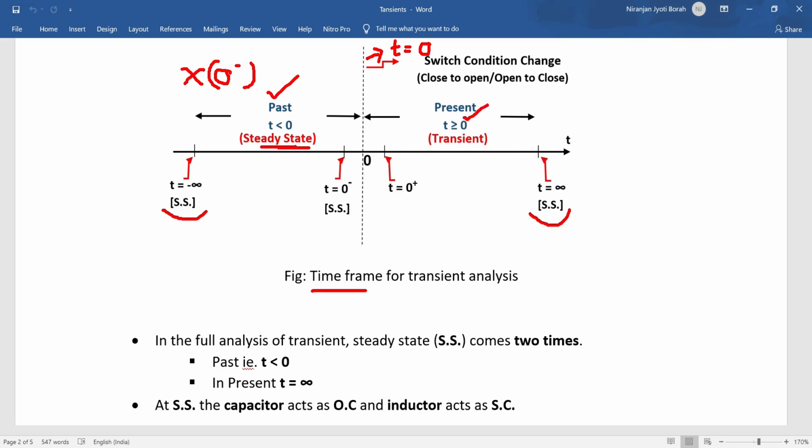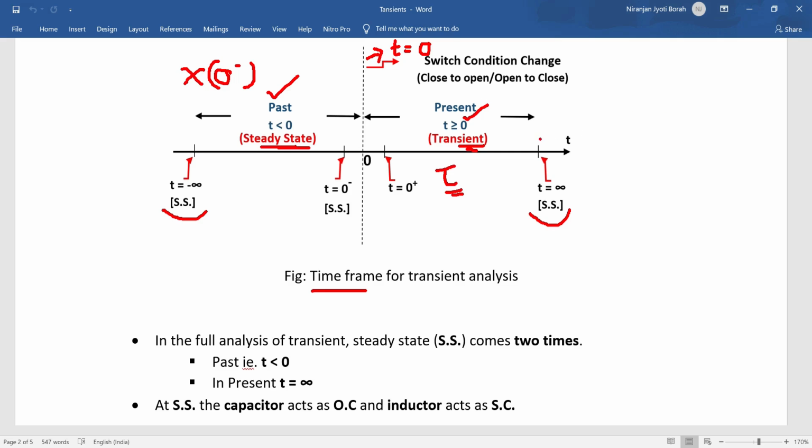For t greater than or equal to 0, the circuit will be in transient state. The circuit will be analyzed during this period to find the value of the time constant, denoted by lowercase letter tau. It indicates the rapidity with which the voltage or current changes.